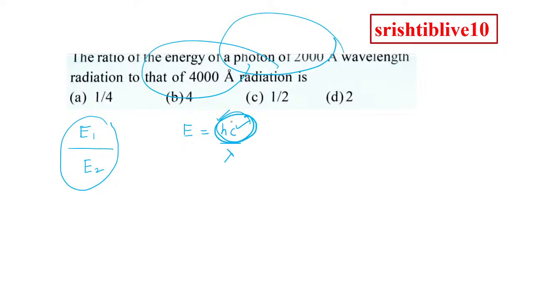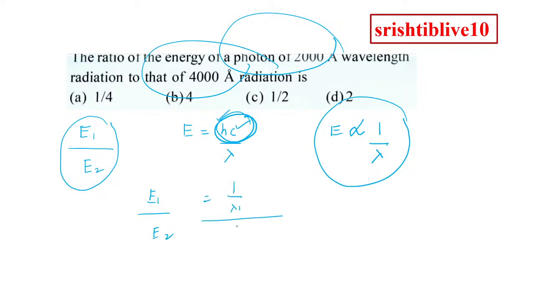So can I say energy is inversely proportional to wavelength? Yes or no? If that is the case, E1 by E2 is nothing but 1 by lambda 1 divided by 1 by lambda 2, or I can write lambda 2 by lambda 1.